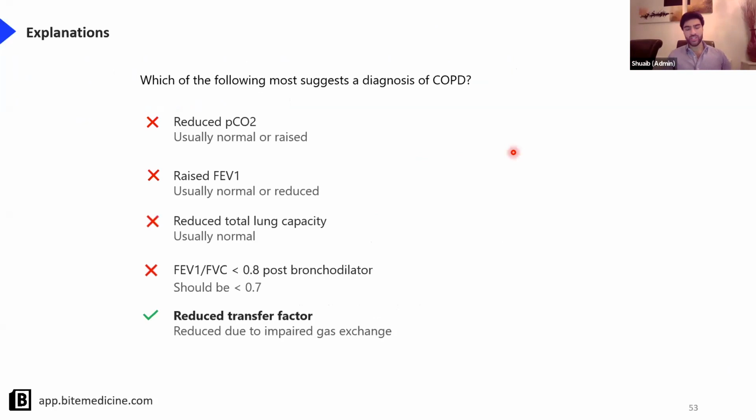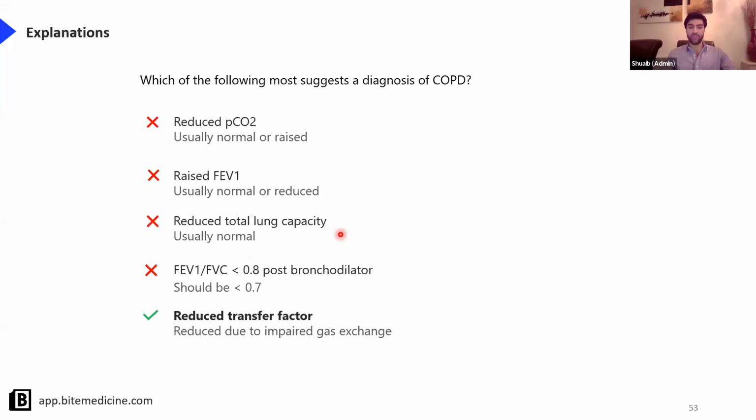So reduced PCO2, the PCO2 in COPD should be raised or normal, okay? It's not typically reduced. The FEV1 is normally reduced or normal. Total lung capacity is usually normal in COPD. It's reduced in fibrotic lung disease because in fibrosis, you're having reduction of lung volume. The fibrosis consumes and shrinks up the lung.